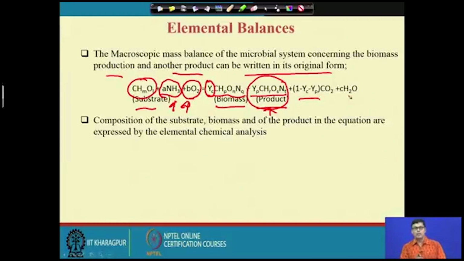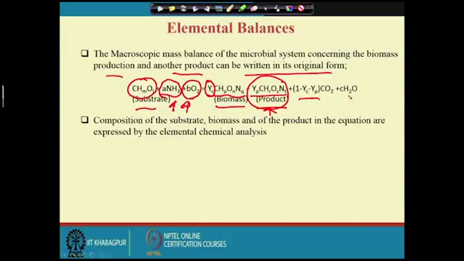Let me give you another example. In the anaerobic digestion process, the organic mass is converted to methane and carbon dioxide. Since it is an anaerobic process, we should not consider any oxygen, because oxygen is harmful for the system. Also, in an anaerobic system we do not produce a significant amount of biomass, so a nitrogen source is also not considered.